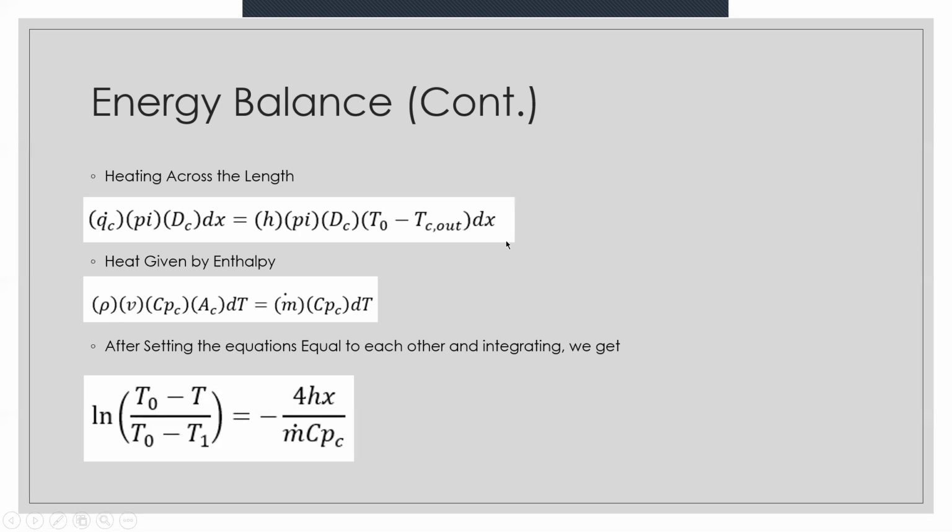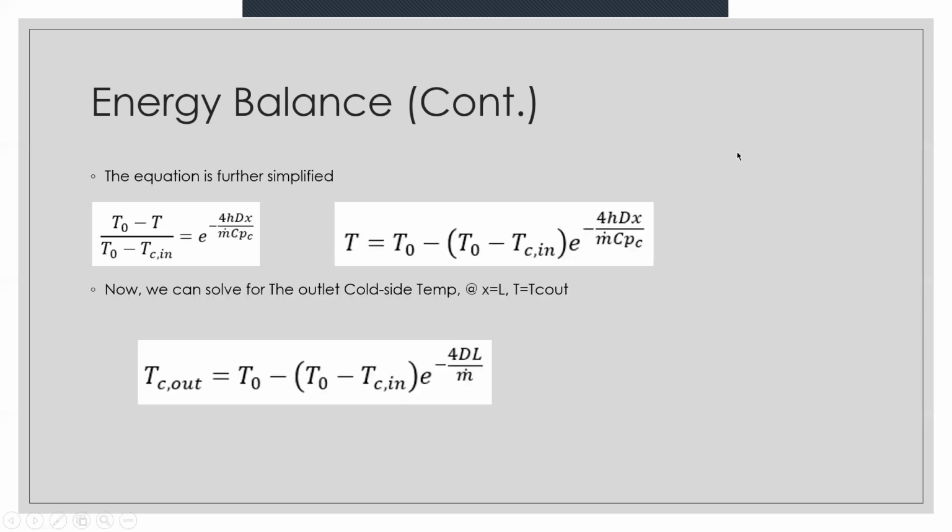Once we set the equations equal to each other and integrate, we end up with ln of (T naught minus T) over (T naught minus T initial) is equal to negative 4 HX over m dot Cp of the cold side. We can further simplify this equation as shown, and then we can set it to be solved for our output variable, which is T, and that is shown right there on the right.